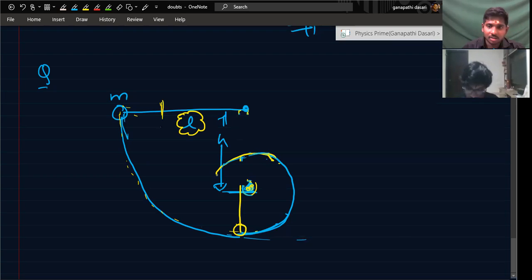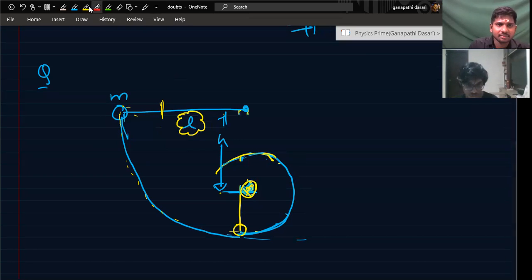One important point: if the nail is at a height h, what is the radius of this circle? Tell me what is the radius of this circle.